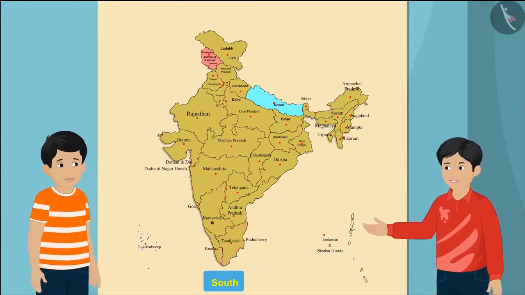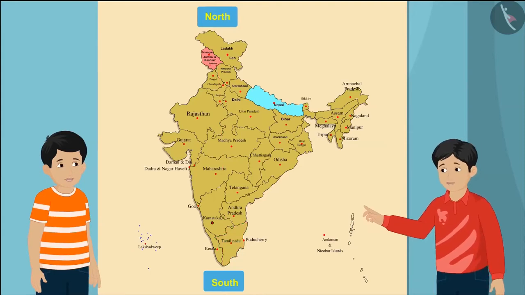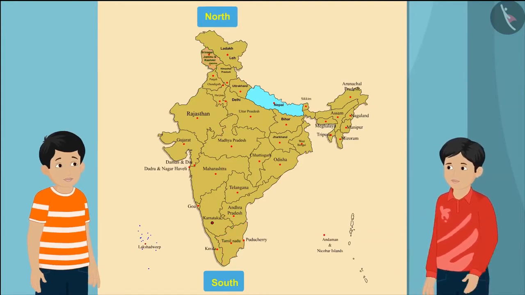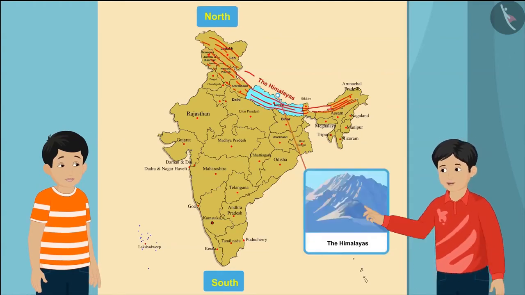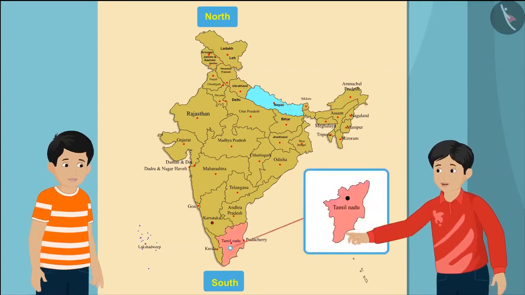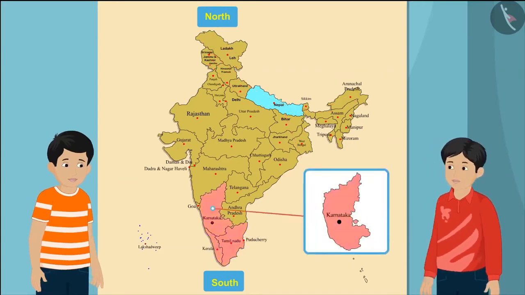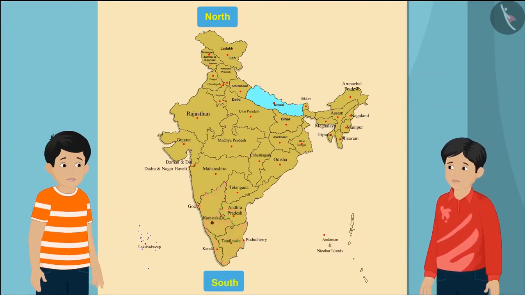Yes, Raju, Jammu and Kashmir is in the northern part of India. Not only this, do you know that the vast Himalayan mountain range is also in the northern part of India? And see this, Tamil Nadu, Kerala and Karnataka, all these states are in the southern parts of India.